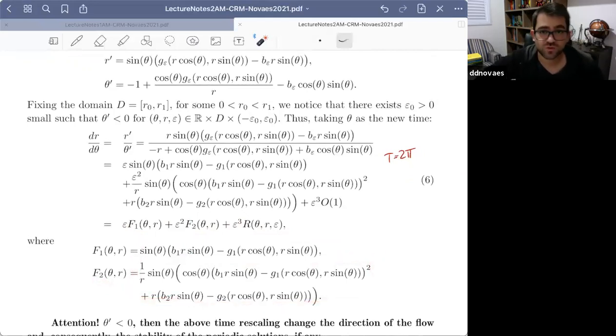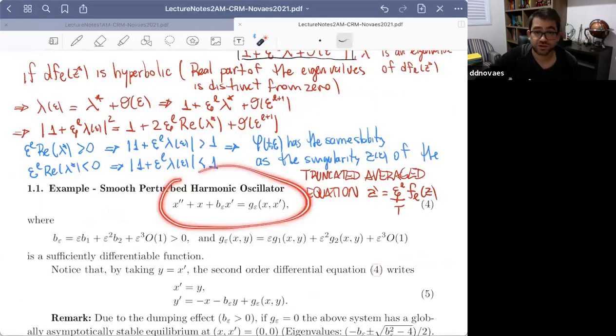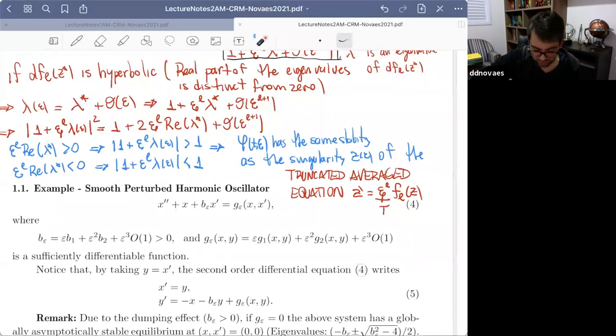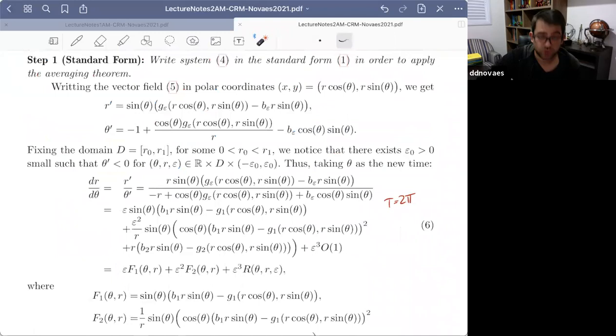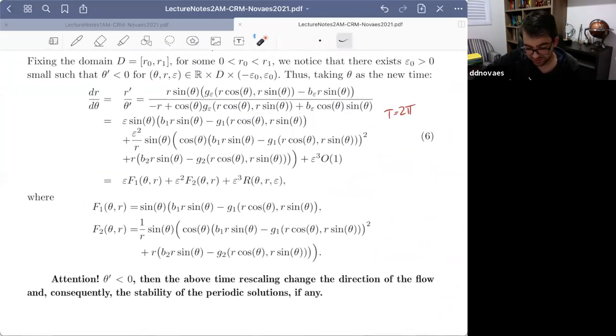So this transformation allows us to write our initial system, which is a second order autonomous differential equation, into a non-autonomous one-dimensional differential equation in the standard form for applying the averaging method.